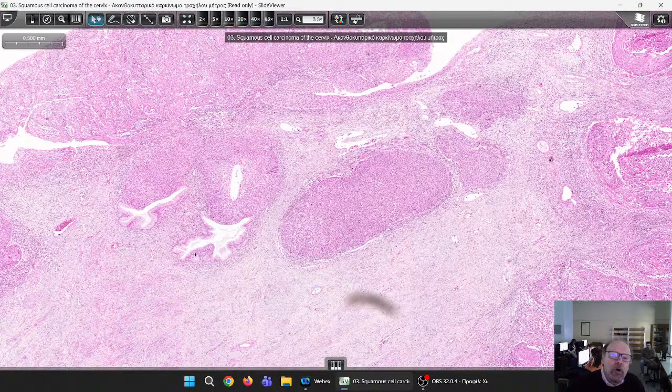And furthermore, there is no desmoplastic response nearby. That means that the lamina propria between these solid formations is normal. So we can understand that this is just participation of the endocervical glands in the metaplasia and in dysplasia. And it is not frank invasion.